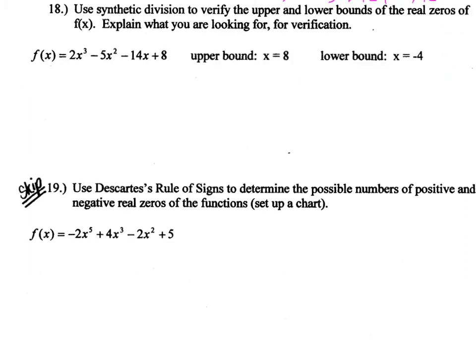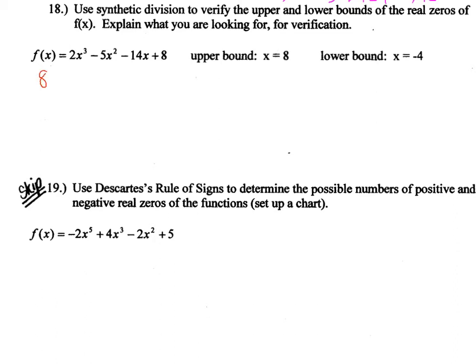In number 18, we're verifying that 8 is an upper bound of the polynomial and -4 is a lower bound, which means that they're not zeros, but if 8 is an upper bound, all the zeros will be smaller than 8, and if -4 is a lower bound, all the zeros will be bigger than -4.